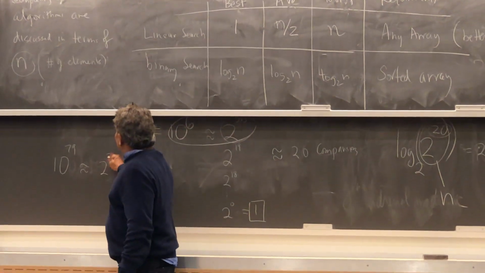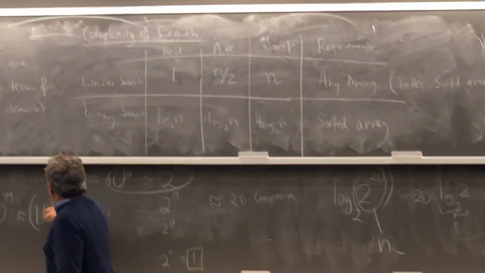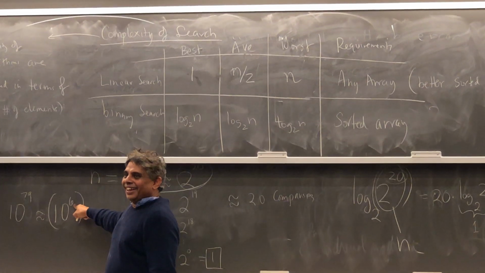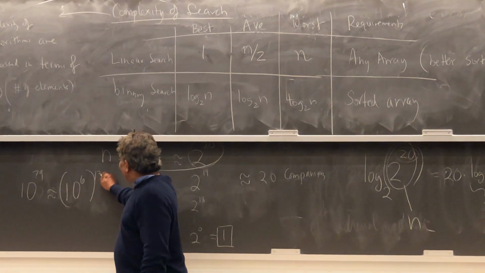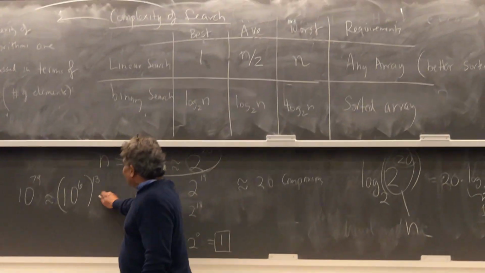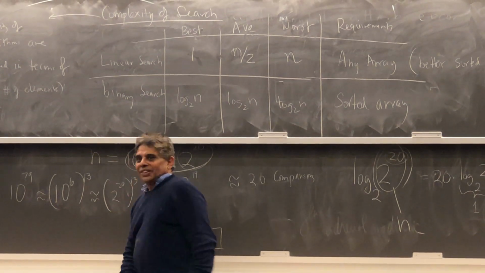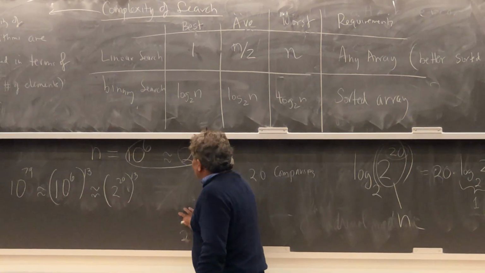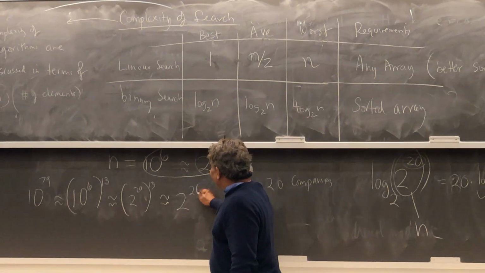I'm going to use this fact. 10 to the 6 is roughly 2 to the power 20. How many 6s go into 79? About 13. So this is roughly 2 to the 20 to the 13, because I replace 10 to the 6 by 2 to the 20. So that's about 2 to the 260.